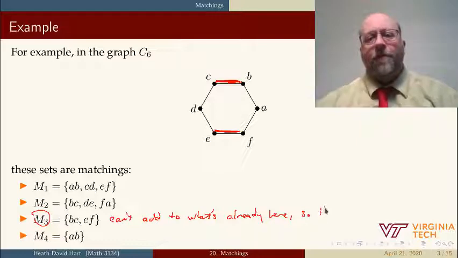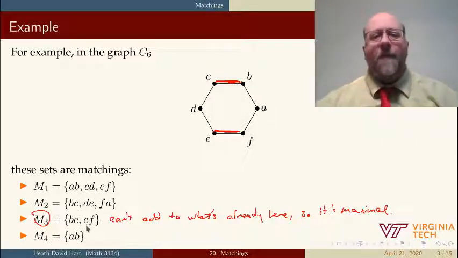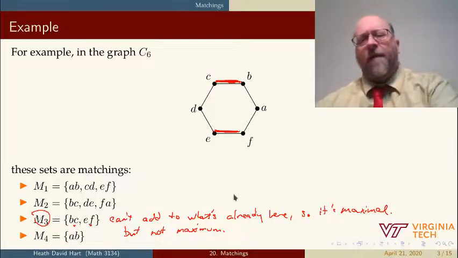So it's maximal, with an L. But it's not maximum because we only match two edges here, and it's possible to match three. It's not a maximum matching, but it is a maximal matching.